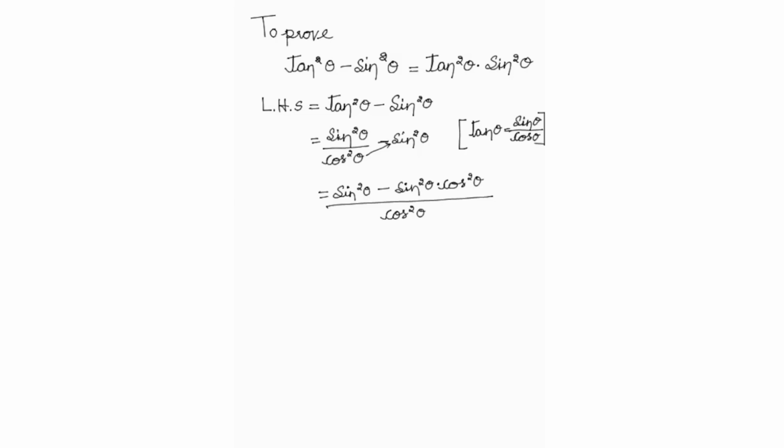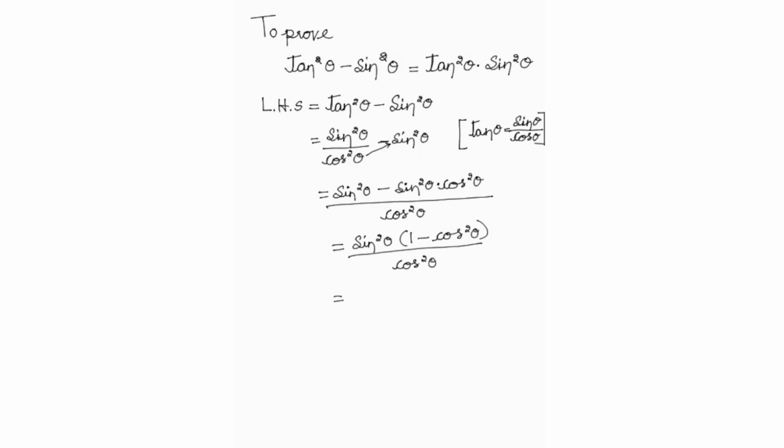Which is equal to, let's take sin square theta as common. Sin square theta into 1 minus cos square theta divided by cos square theta. Now this is equal to, let's do one thing.